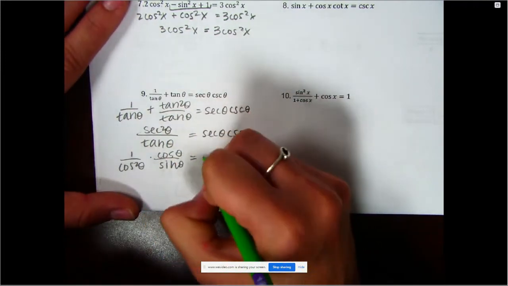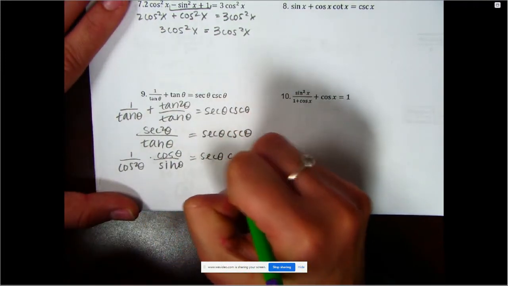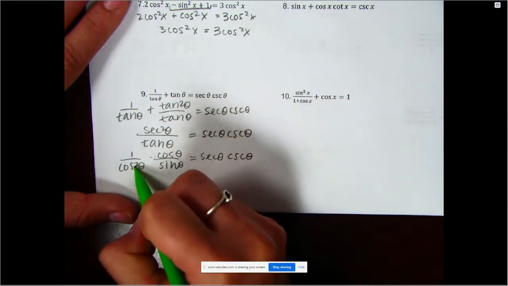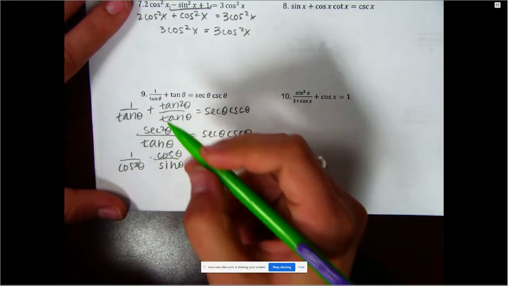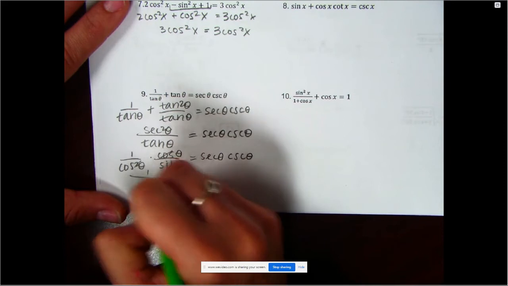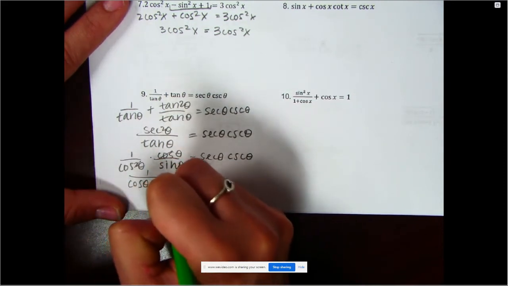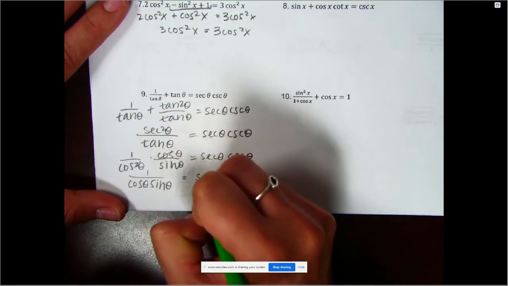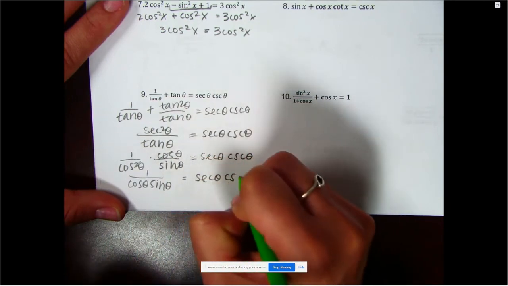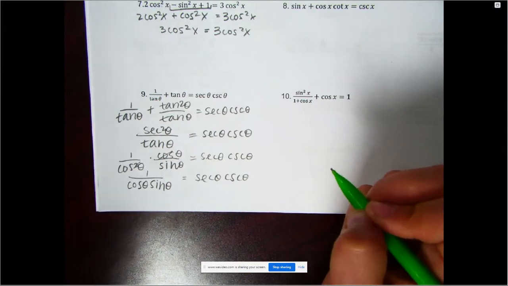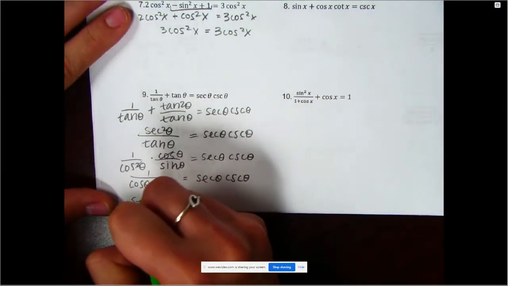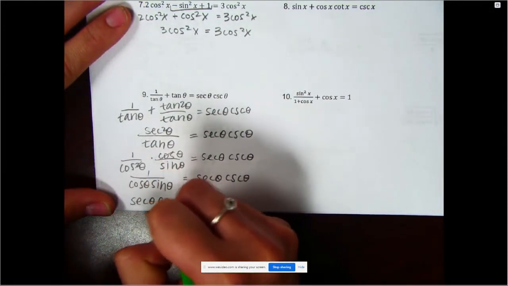So cosine over sine. One of these cosines will cross out, so I'm left with 1 over cosine and sine in your denominator. And when you bring those back to the numerator, they turn into their reciprocals. So secant and cosecant, which was our goal.